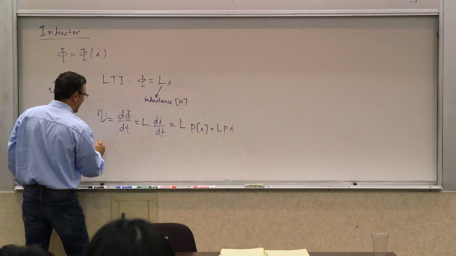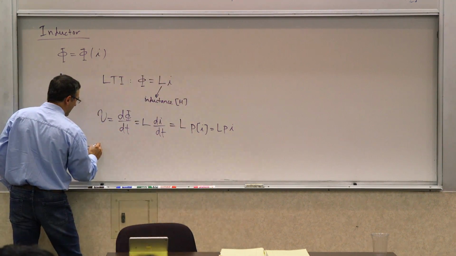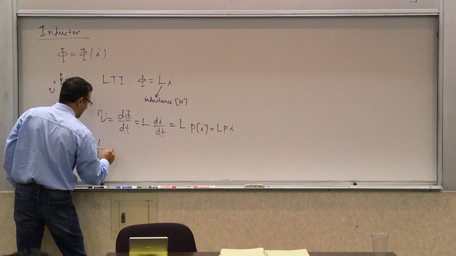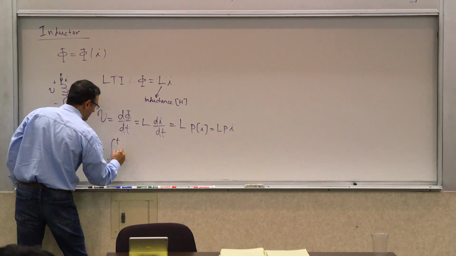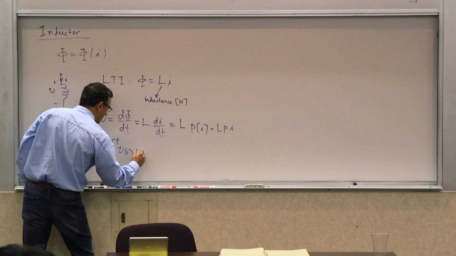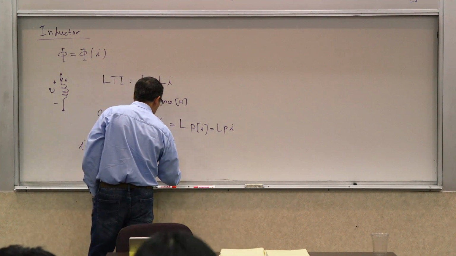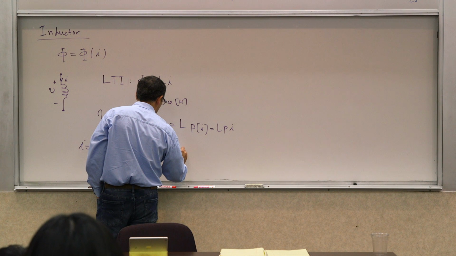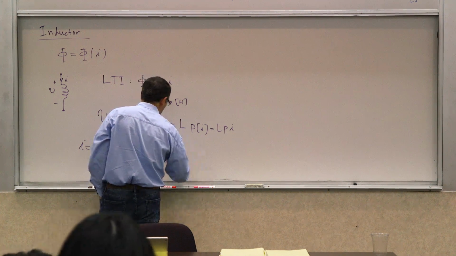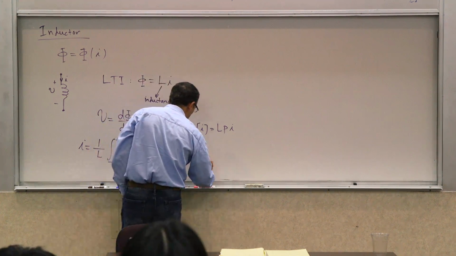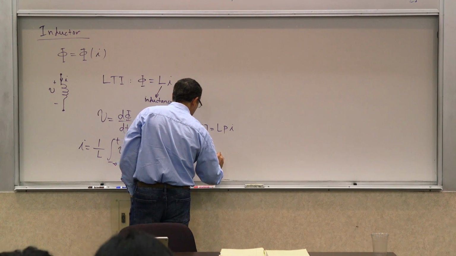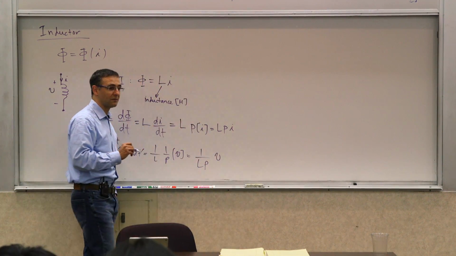And conversely, if you want to calculate the current, it would be 1 over L, integral from negative infinity to t of v of t prime dt prime, which you can basically write as 1 over L, 1 over P of I, V, which you can also write as 1 over LP if I go loose and fast with the notation.